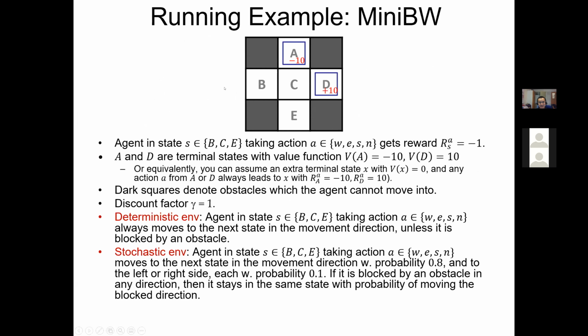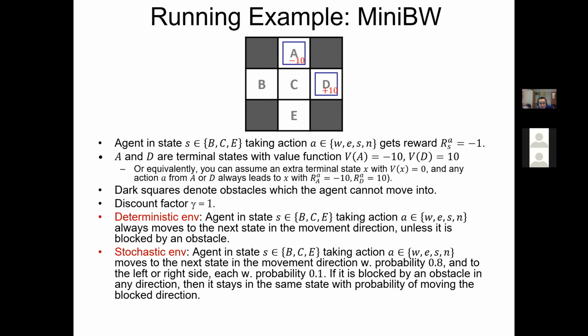You may equivalently think of a terminal state X with V of X equals 0, and any action from A or D always leads to X with a reward of -10 or 10. So it's equivalent. You can simply view them as terminal states for simplicity. Dark squares indicate obstacles, and the discount factor is 1 for simplicity.